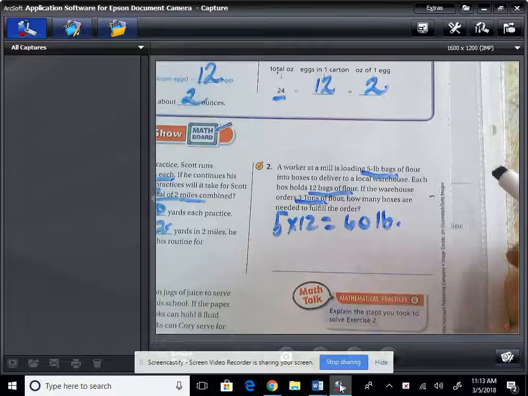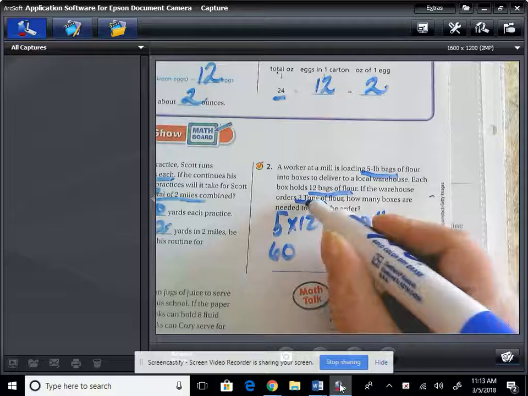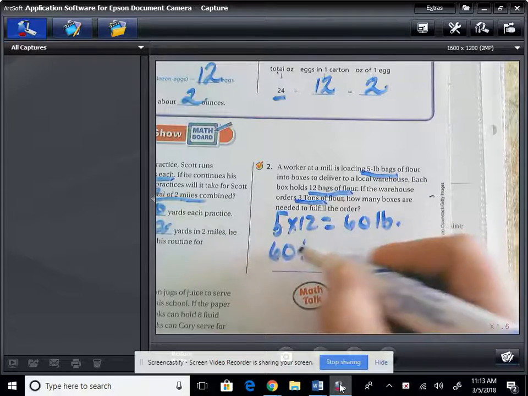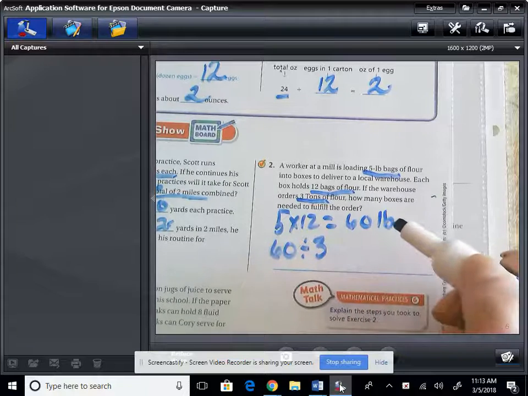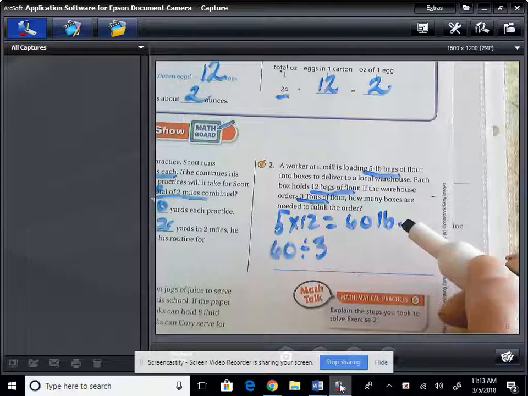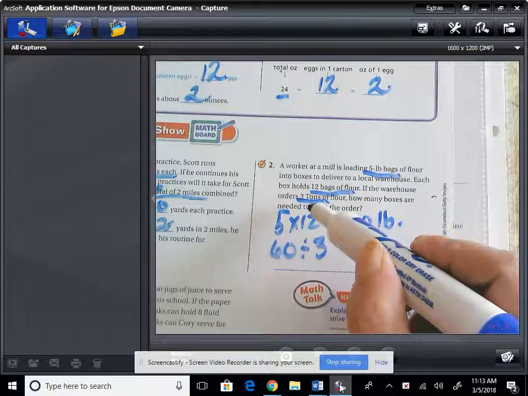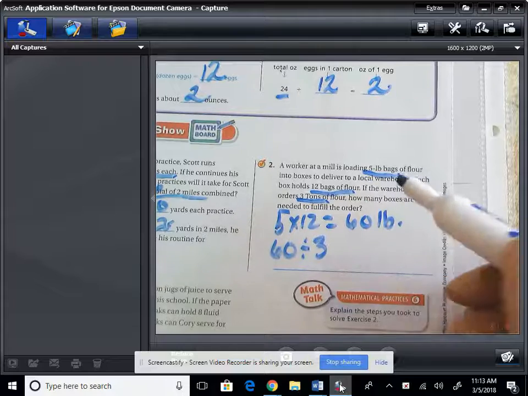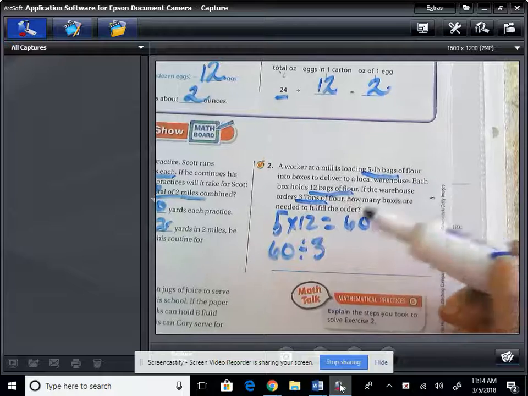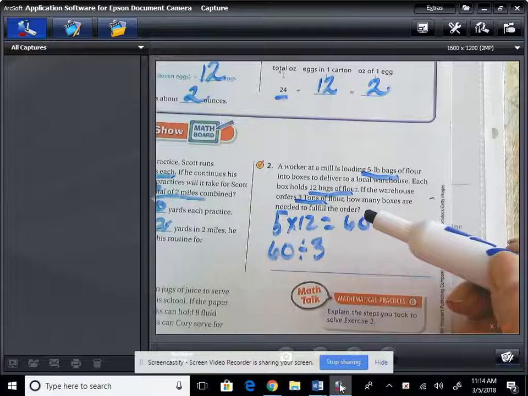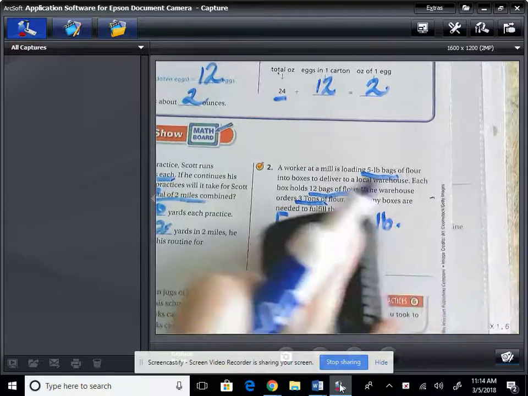Now I know I have 60 pounds and 3 tons. So I'm going from pounds to tons, so I'm going to multiply, because when you're going from larger to smaller, you multiply. But first I jumped the gun.